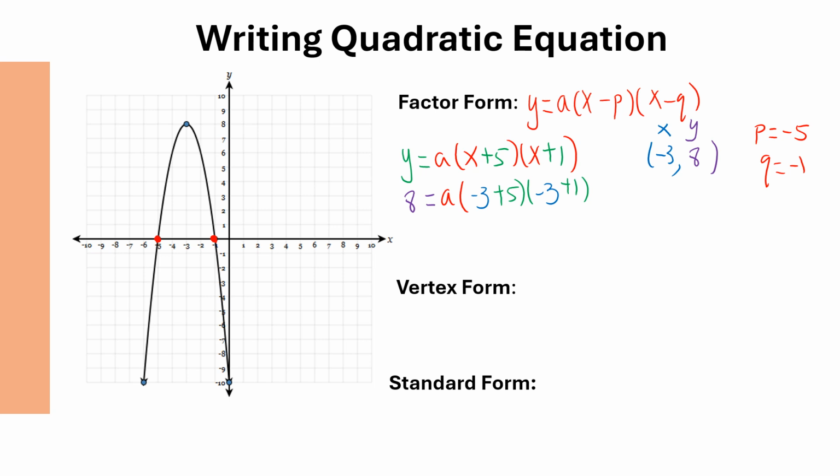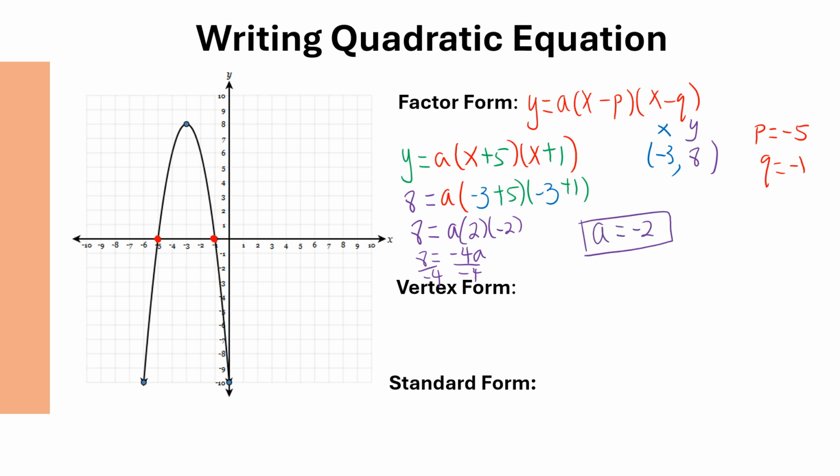So this gives us 8 equals a times -3 plus 5 is +2, times -3 plus 1 is -2. Now multiply 2 times -2, which is -4, and bring down the a, and then divide both sides by -4 to find the value of a, which is -2.